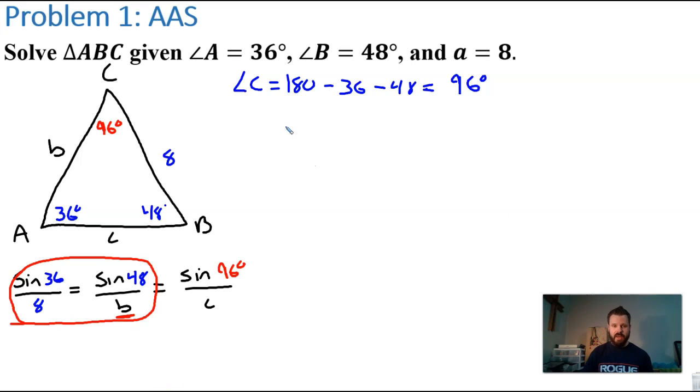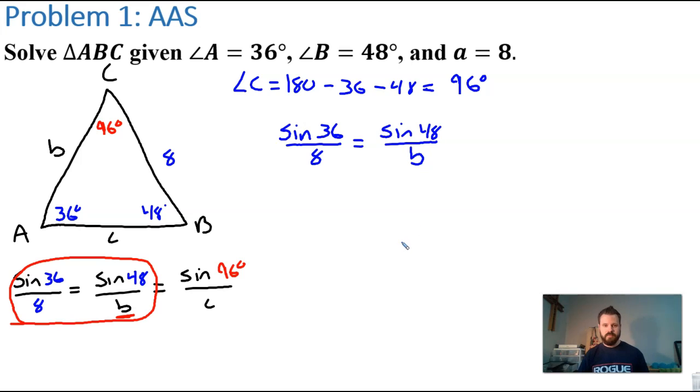Let's set that up here. Let's say I have sine of 36 over 8 is equal to sine 48 over little b. I want to get little b by itself, so first I'm going to cross multiply and then divide. Cross multiplying gives me b times sine 36 equals 8 times sine 48.